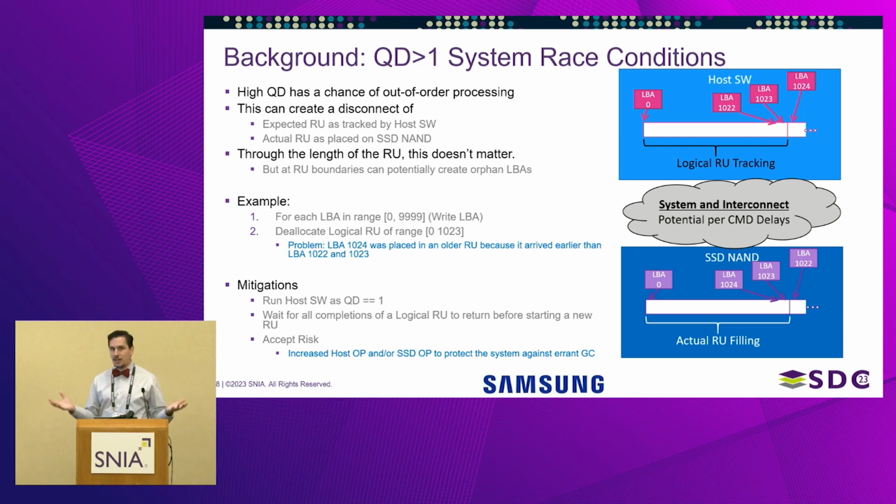So when you deallocated, you actually have one stale LBA sitting in one RU on the NANDs, whereas LBA 1022 would be deallocated from an otherwise full RU. So these nuances and race conditions do have a small exposure to non-optimal write amplification.